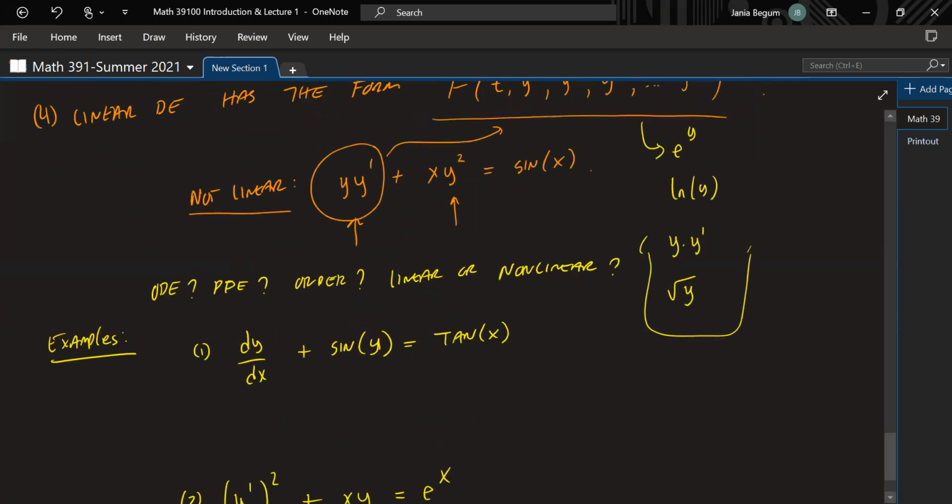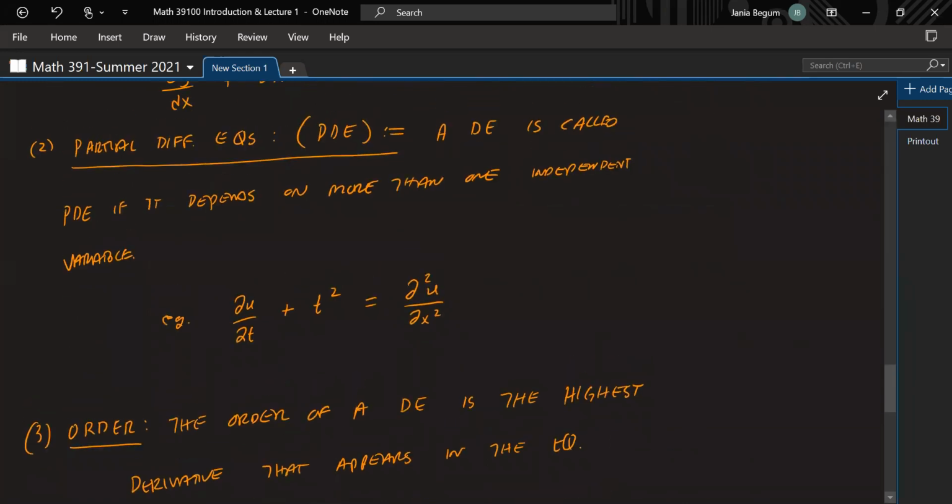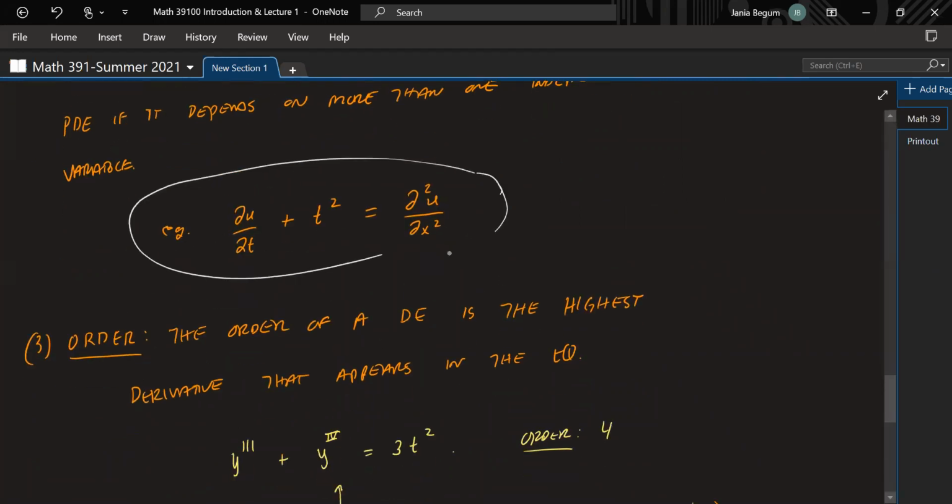Well, so for partial, we have to have more than one independent variable. So for example, this one that I gave you, we have two independent variables, which are t and x. Now, you're always going to have one dependent variable. You can't have more than one dependent variable. It doesn't make sense. So you're always looking at the independent variable. Is it one or is it more than one?